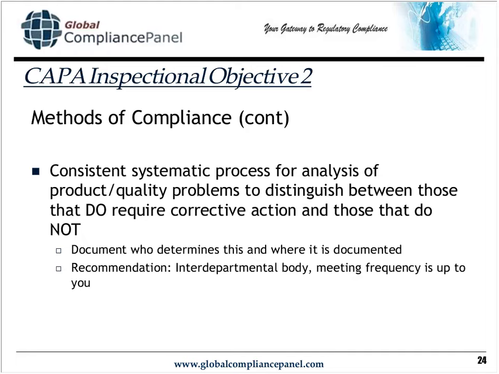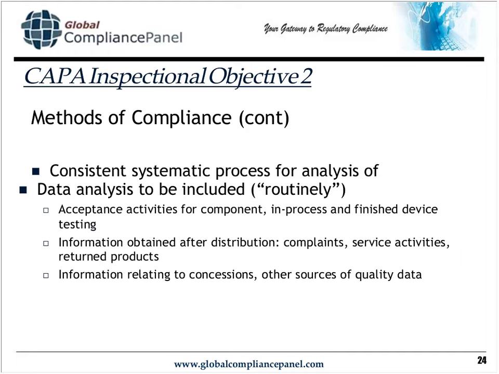So it's at these interdepartmental meetings where the attendees determine, based on the trends, whether corrective action is or is not required. And if it is not, why not? I know companies that say, here's all our data, and any, for example, in-process data that has a reject rate below 0.5% does not require corrective action. Well, there you go. That was easy. And that's something that you can do in your procedure.